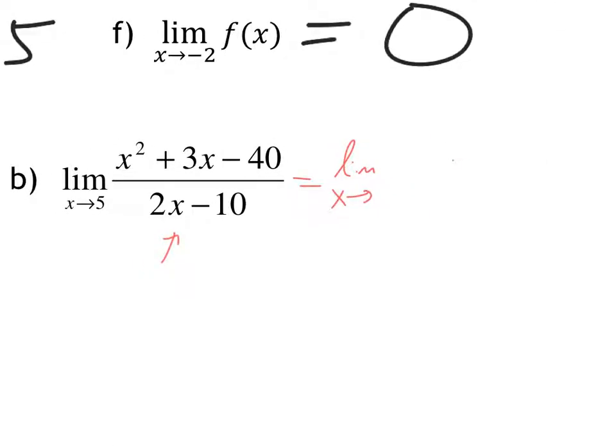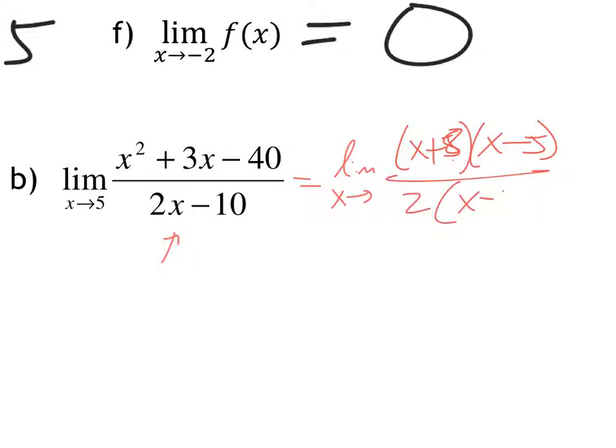So we have to factor. The top becomes x plus 5. Nope, scratch that. x plus 8 times x minus 5. Okay? And the denominator factors to 2 times x minus 5. This is a removable discontinuity that can be removed. Oh, by the way, this is 5.